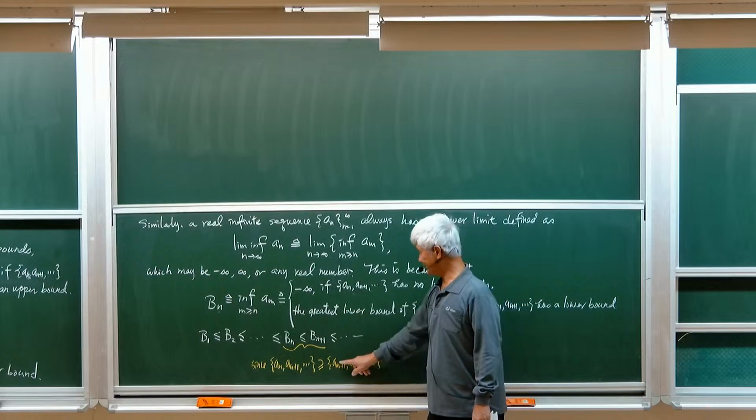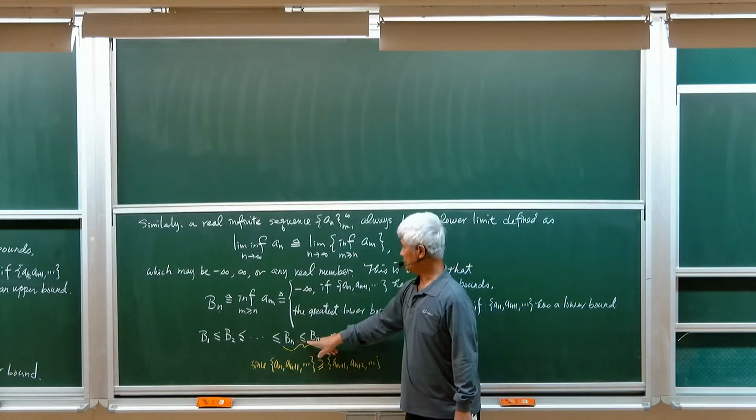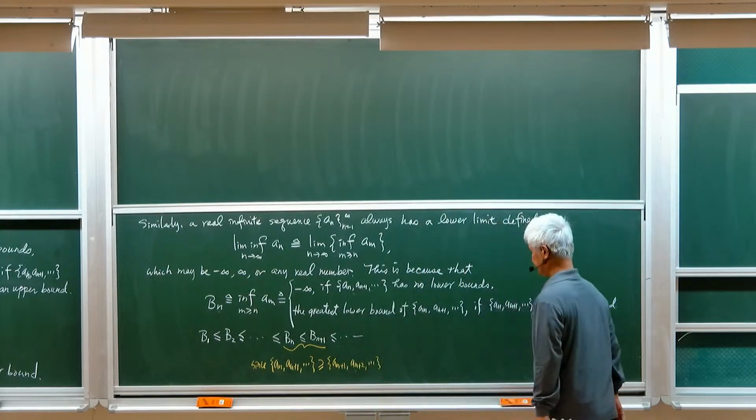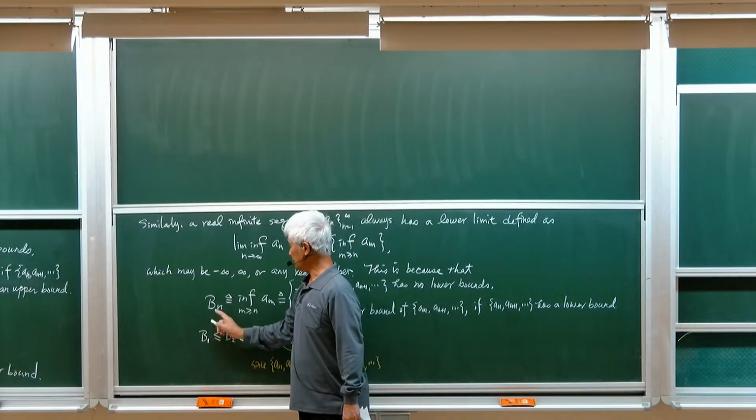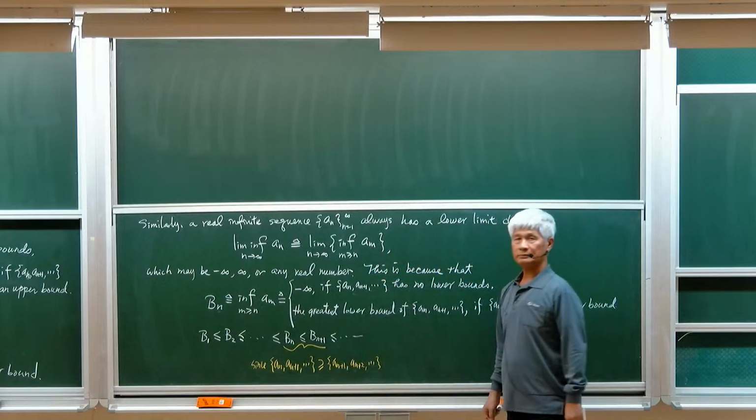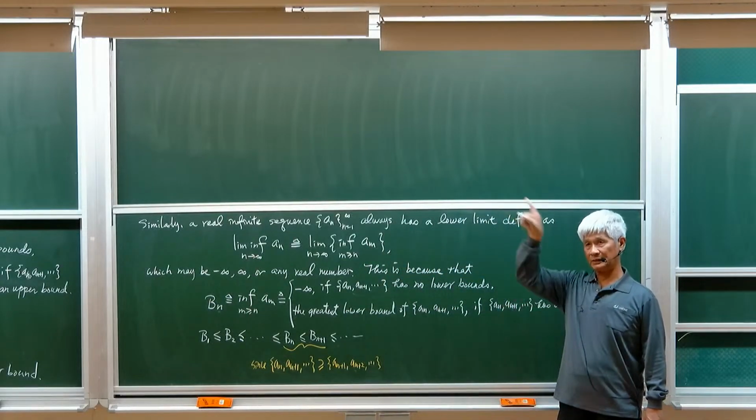Because this set is smaller, you have this inequality there. So the Bn sequence is monotone increasing.